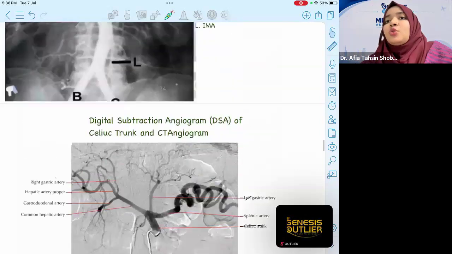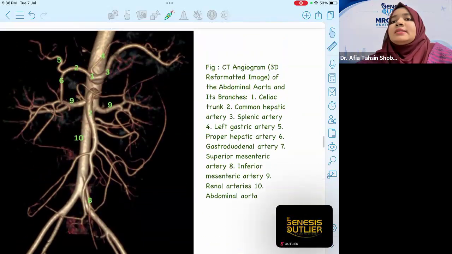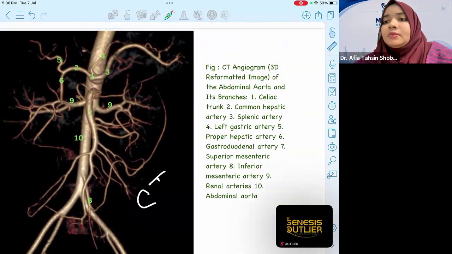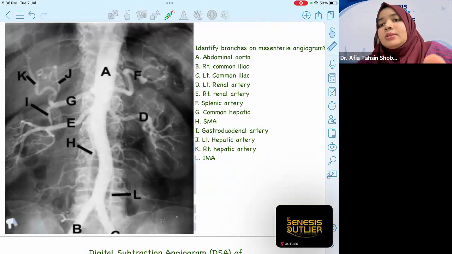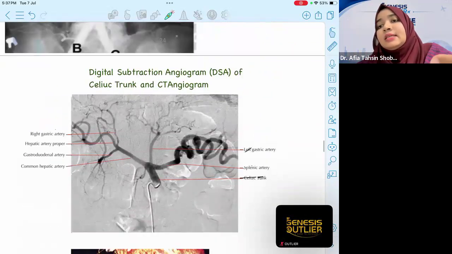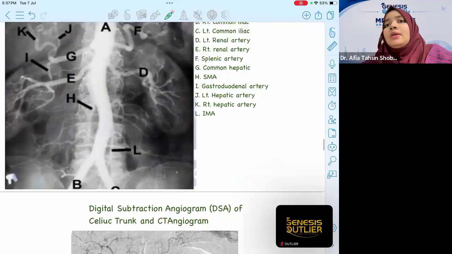So here this is CT angiogram, this is conventional angiogram, and this is DSA, digital subtraction angiography. Why am I calling it DSA?